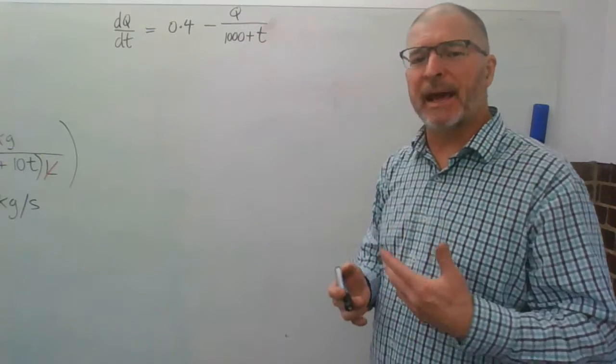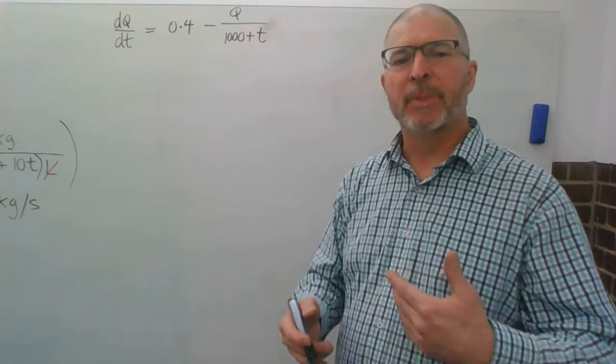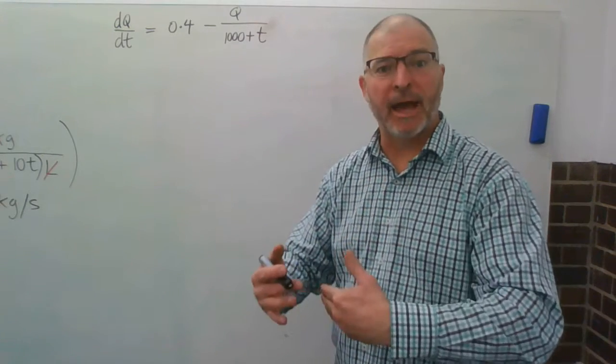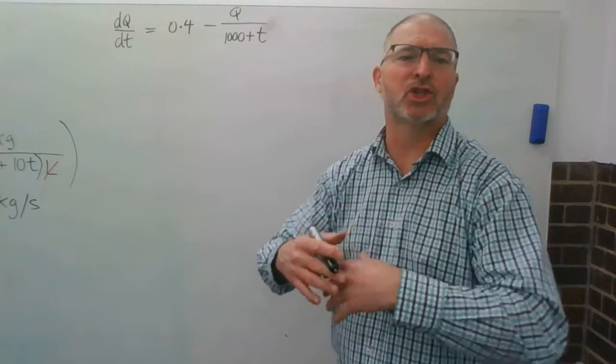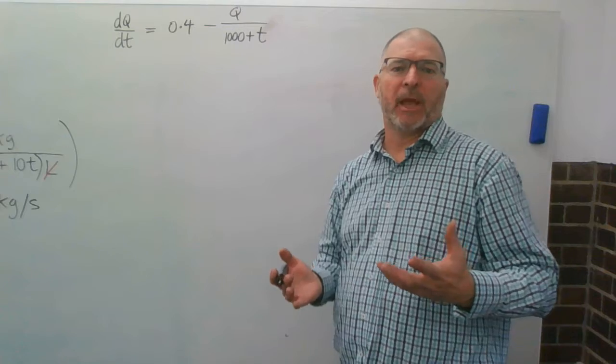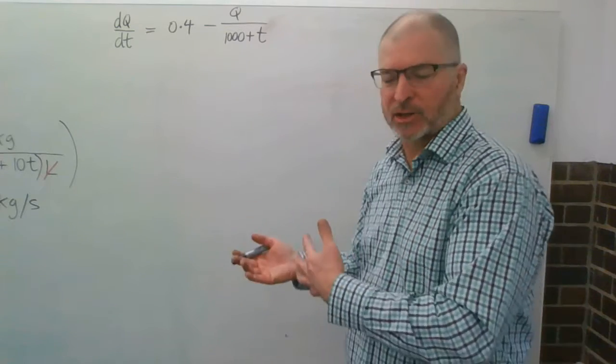So what they would have to do, if they're going to ask this question, is earlier on actually give you the integral and just ask you to show that the integral satisfies that differential equation.